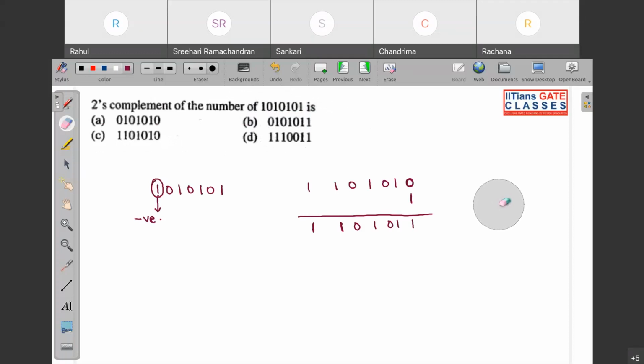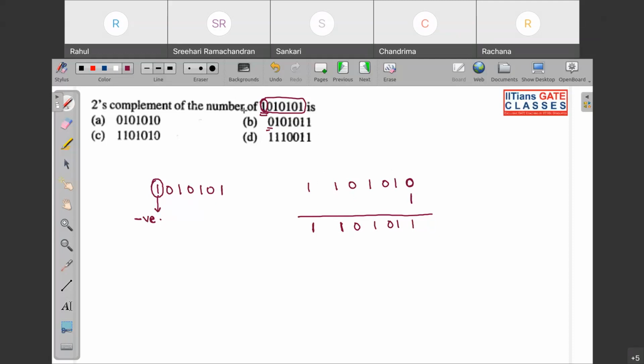This type of confusion I even had when I was doing it. Somewhere you will see they are not complementing the sign bit, and somewhere you will see it is getting complemented. So always remember, never do this. You should never mess around with the leftmost bit. You should never ever change it, because that is your sign bit.